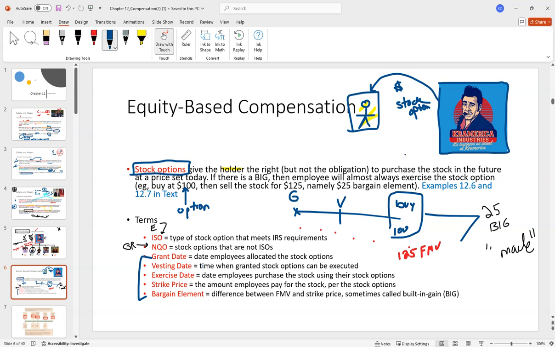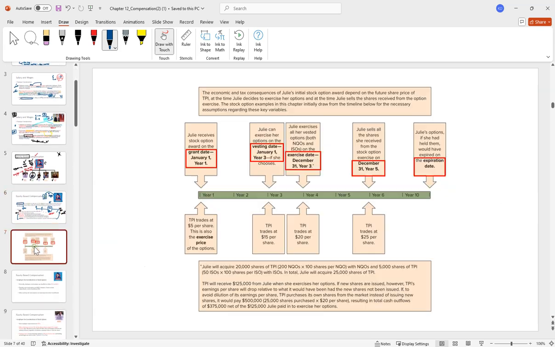We then have the exercise date, where you actually do take them up. Oh, okay, I can buy it at that amount. I'm going to buy it. The strike price is basically what you pay for it. That's another way of saying what the terms and conditions are, what you can buy it for. And then the bargain element is how much you make on it, or you could make.